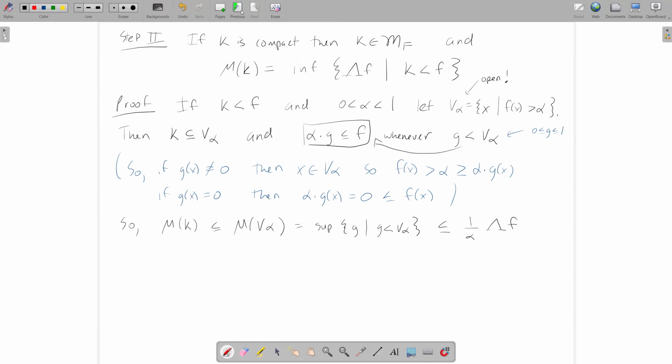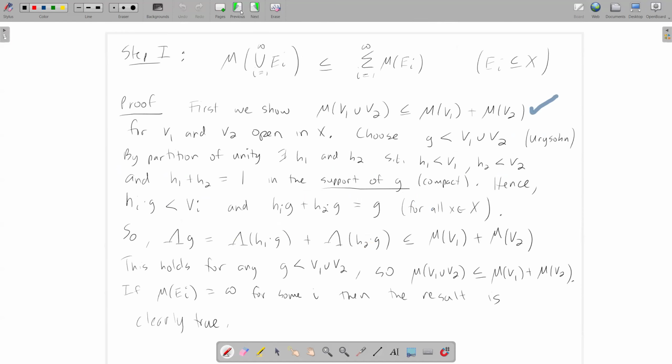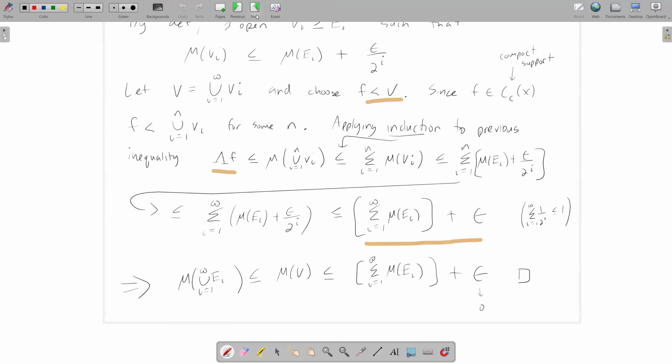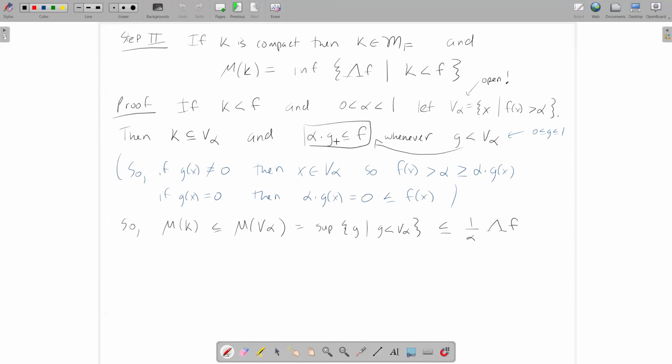So remember the monotone thing? Okay, so I mentioned that back here. So lambda's monotone, okay? It preserves the order, okay? So if I know that g is less than or equal to 1 over alpha times f, then I know that, oh, I messed up. I forgot my lambda here. All right, let me fix that. Lambda goes there.